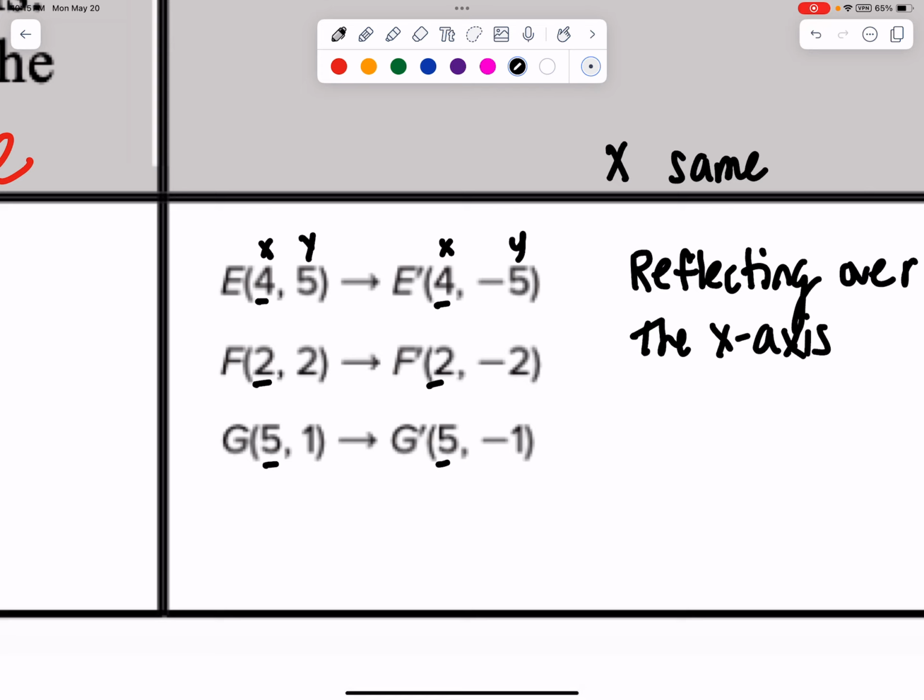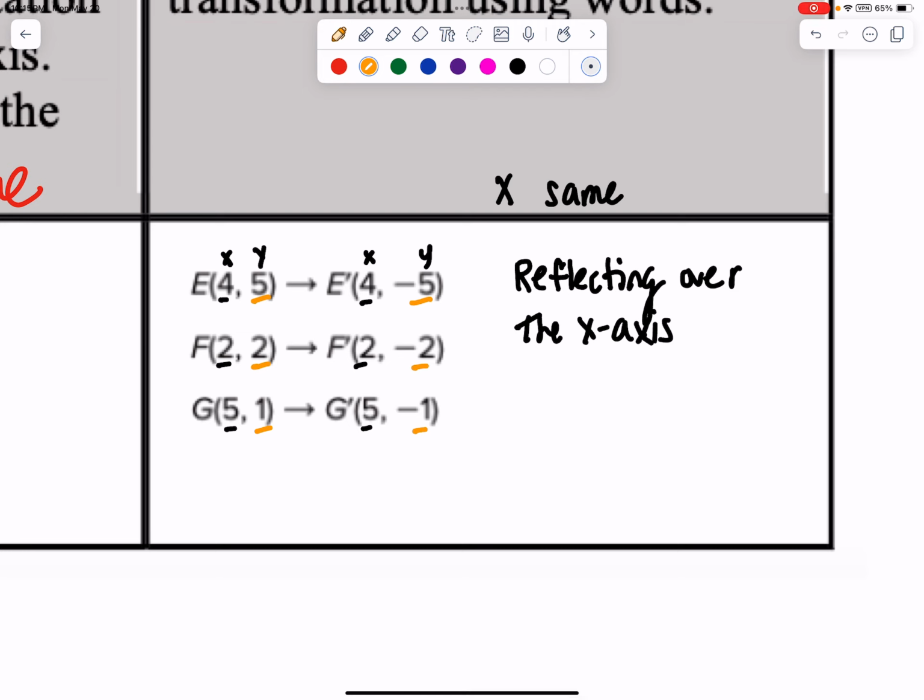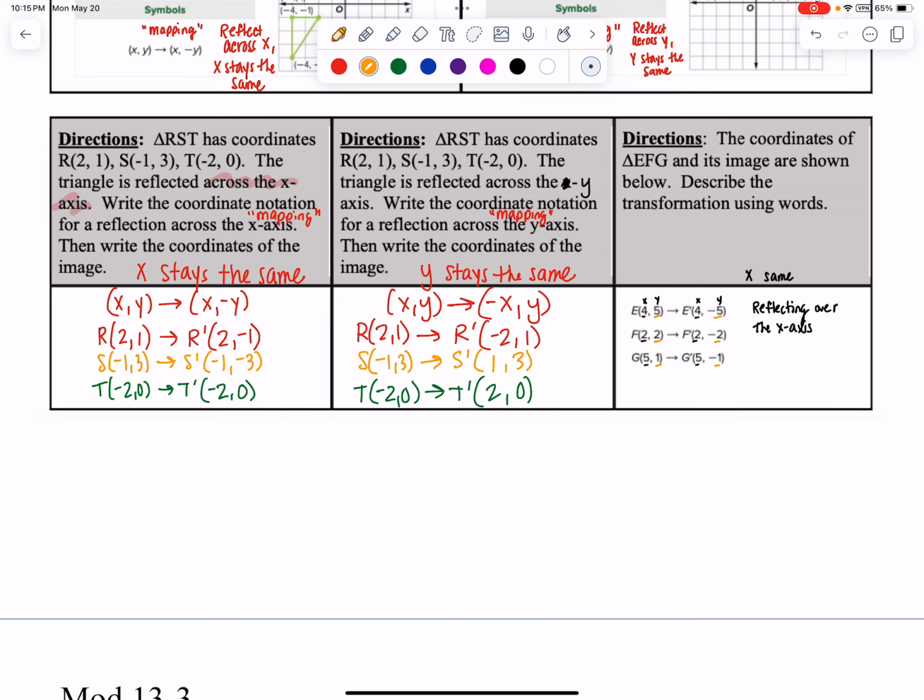Okay, take a look at the y. What's happening to the y? Well, 5, negative 5, 2, negative 2, 1, negative 1. So we're truly reflecting just over the x-axis. Okay, not over some line where y equals something. Okay, so there you go.